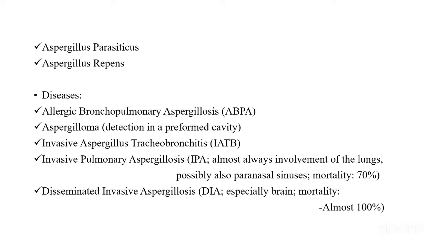Diseases caused by Aspergillus are allergic bronchopulmonary aspergillosis, ABPA, aspergilloma, which is detected in preformed cavities, invasive Aspergillus tracheobronchitis, and invasive pulmonary aspergillosis, IPA, which almost always involves the lung and possibly also the paranasal sinuses. Mortality is 70%. Disseminated invasive aspergillosis, especially in the brain, has a mortality of 100%.